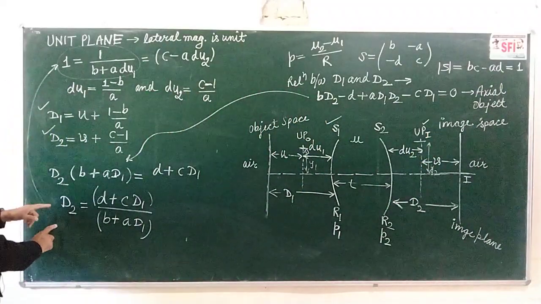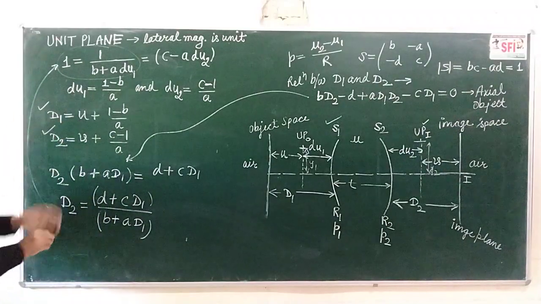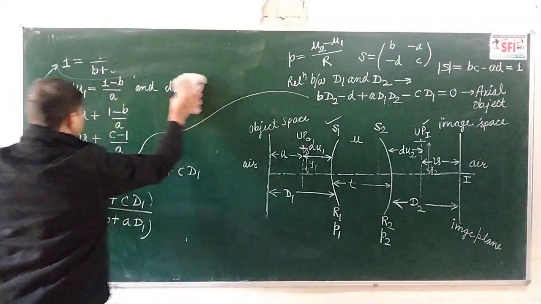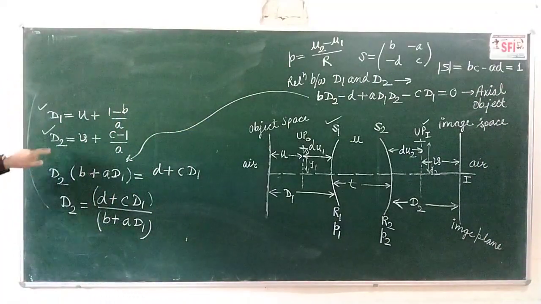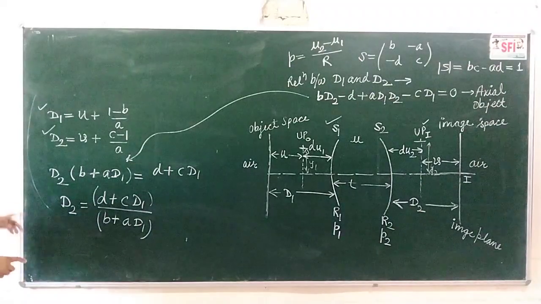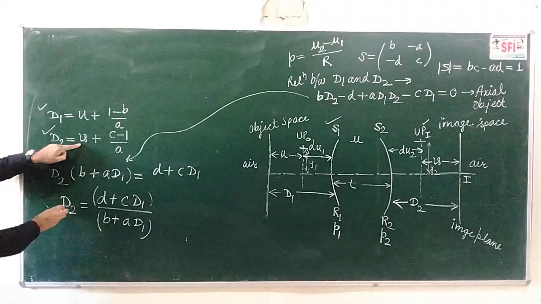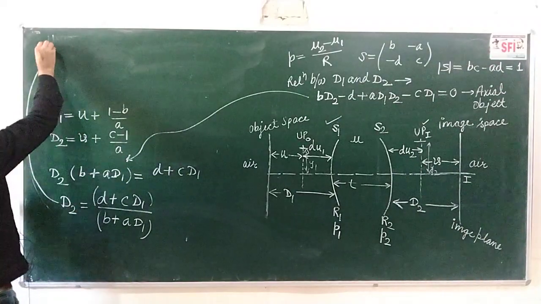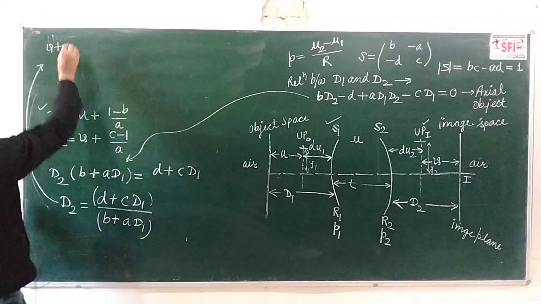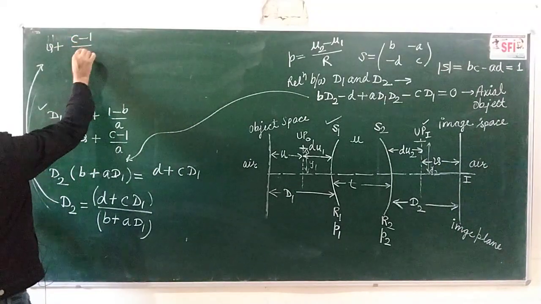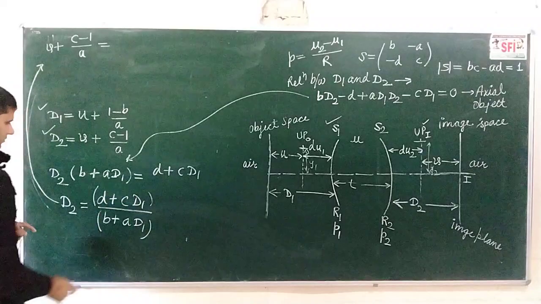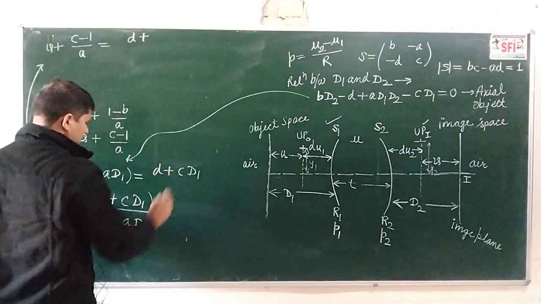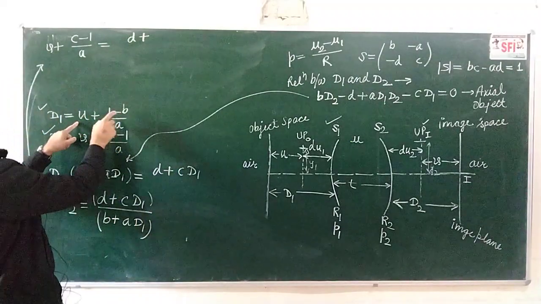So here if you put the value of D2, this is the value of D2. So put here the value of D1 and D2. D2 is V plus C minus 1 by A, and this is equal to D plus C D1, and D1 is this.